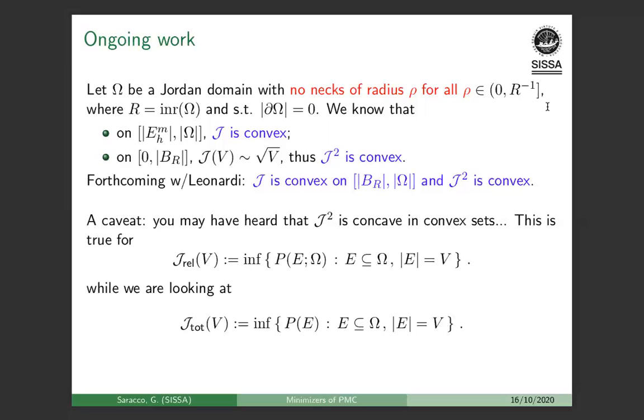What we're looking at is the total isoperimetric profile, so we minimize the total perimeter of E inside omega, and the square of this is convex. So in this second case, which is the one we consider, sticking to the boundary of omega is no more free. You pay something in the functional for doing so.